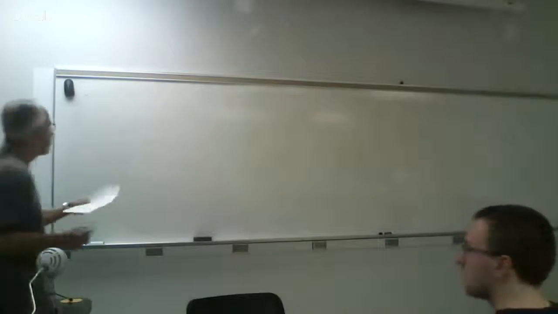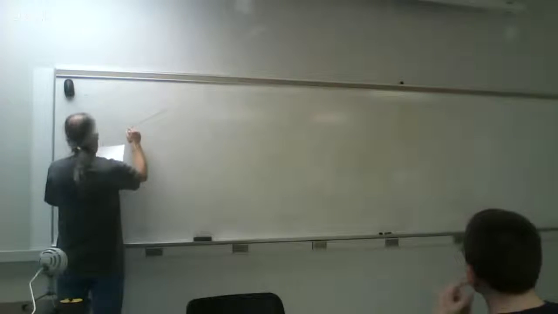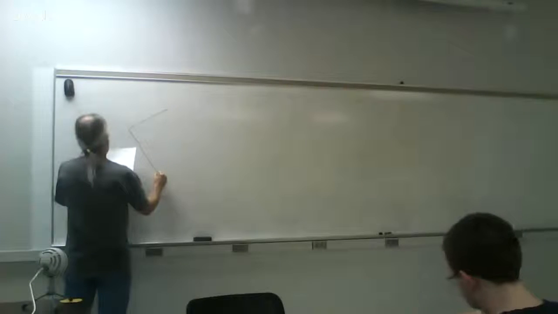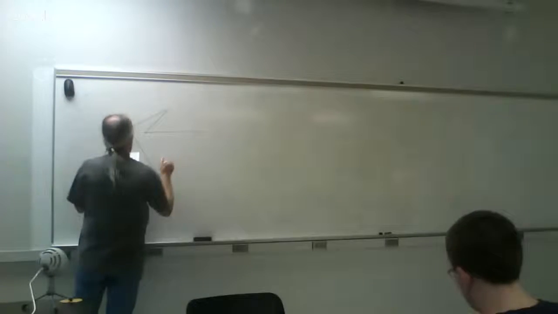And let's just look at a situation where that happens. So I've got this non-monotone polygon. I better be careful how I draw it here. So it looks like this.